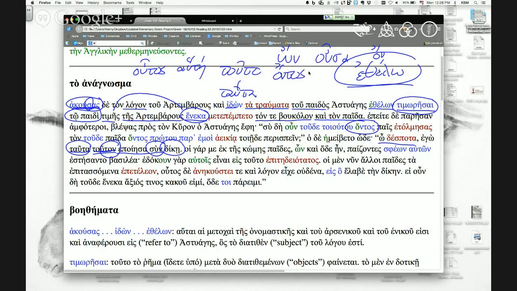So let's work this sentence. Let's work through that sentence, shall we?